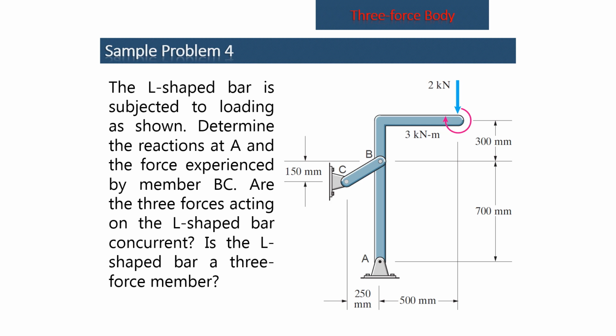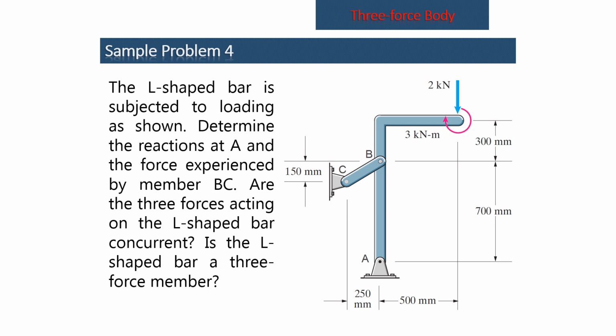So, we note that for the L-shaped bar, there is a pin at A, a pin connection at B, and a force at this end. If we really consider the member, all the forces plus the moment are only acting on three points, A, B, and this end here.